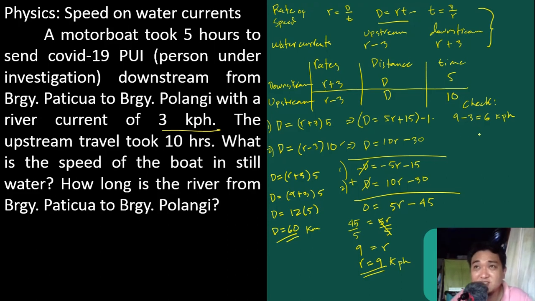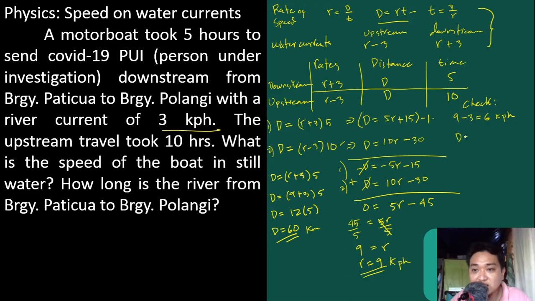Kung 6 kph lang yung takbo nung motorboat, dahil nabawasan siya ng 3 kph yung bilis ng upstream water current, then ang gagawin natin, what is this?